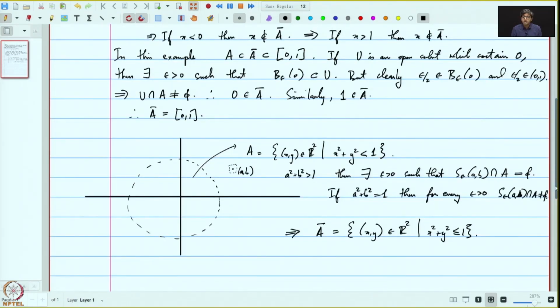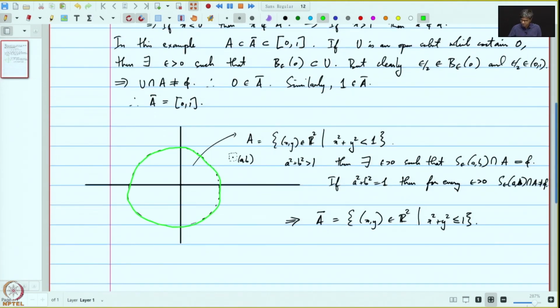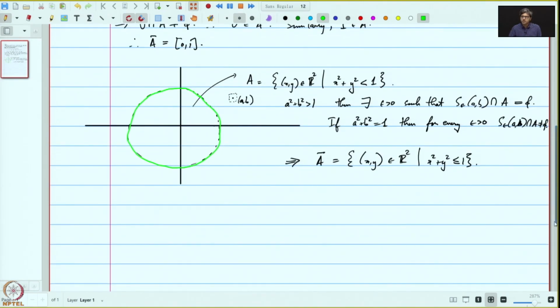Note that A is obviously contained in A closure. So A closure is just adding the boundary, this boundary circle, to A. Okay. So as we proceed, we will get more familiarized with this notion.